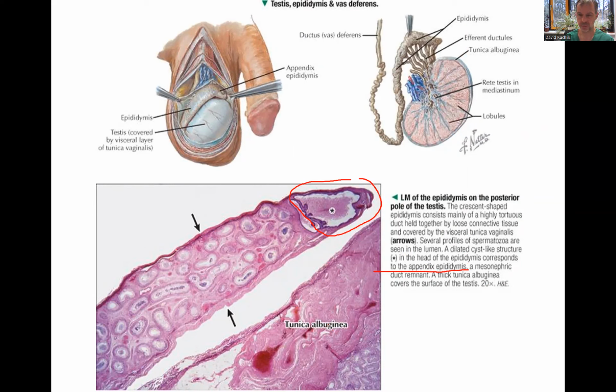Then in the head, we can see the testicular efferent ductules or ductuli. And then this is the surface of the testis itself. So tunica albuginea and vasculosa, and then finally seminiferous convoluted tubules.